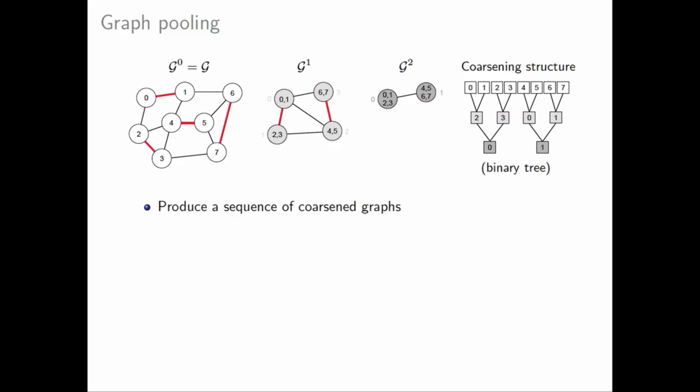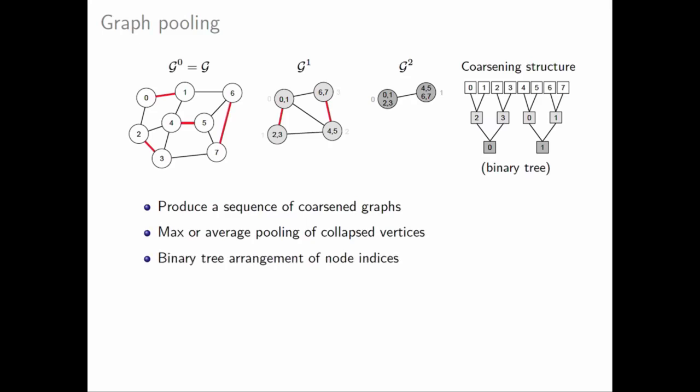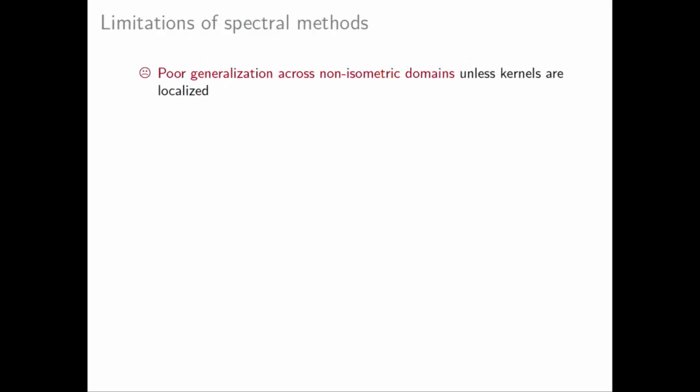For example, when a pair of vertices is collapsed into a single vertex, we can take an operation like maximum or average on this pair. So we have an operator that transfers data or functions from the finer graph to a coarser one. And if we arrange the vertices in a particular order in a tree structure, this operation can be done as efficiently as the Euclidean counterpart.